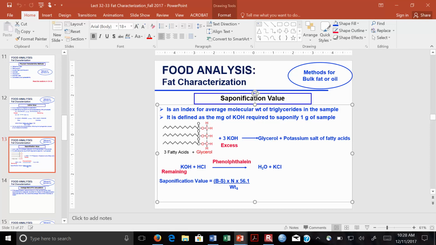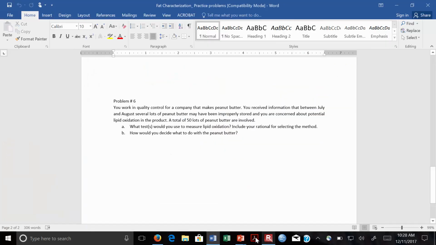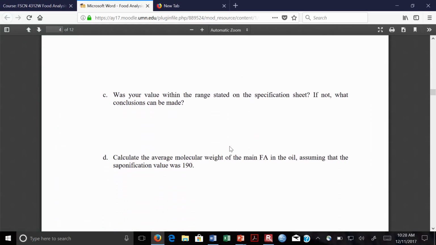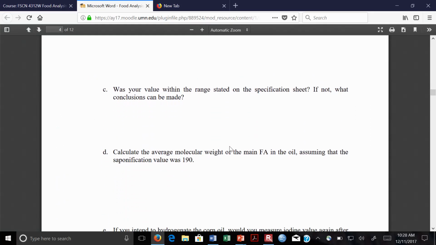So was your value within the range stated? It wasn't. So what does it mean? If not, what conclusions can be made?